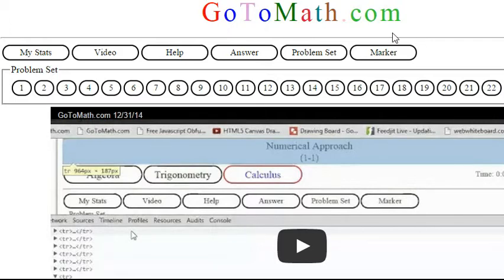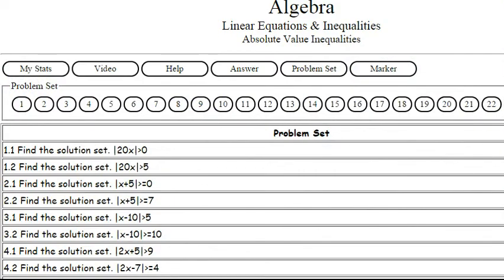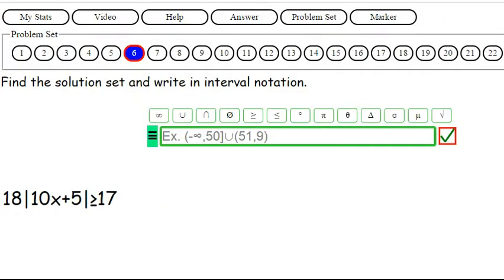We're at gotomath.com. Click on Algebra, and let's do absolute value inequalities. That's what we're working on. Click on 6.2, and let's get this one written down.